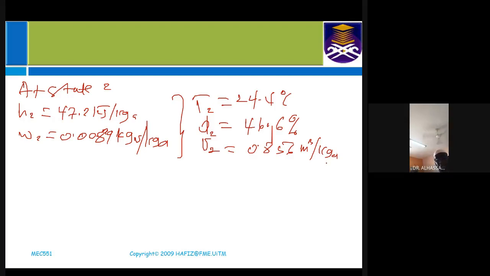Now we need to find the velocity at state 2.